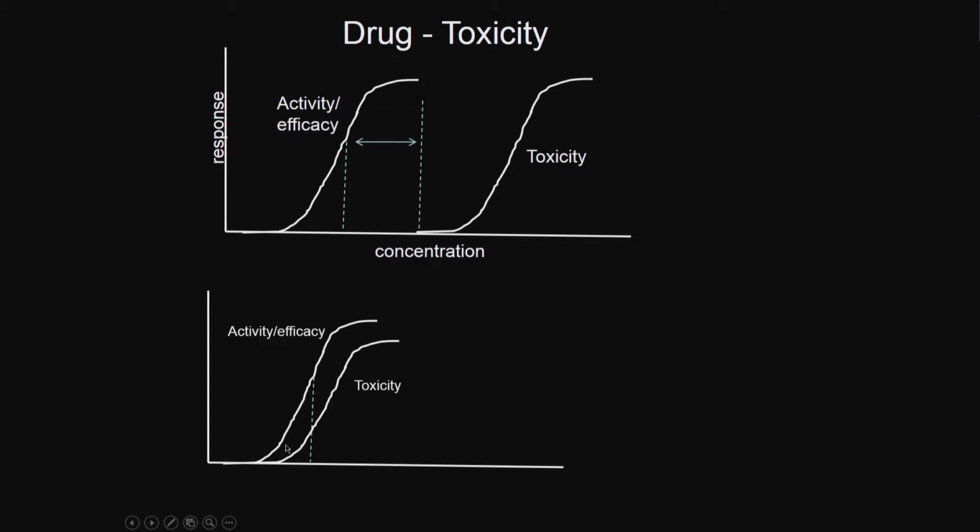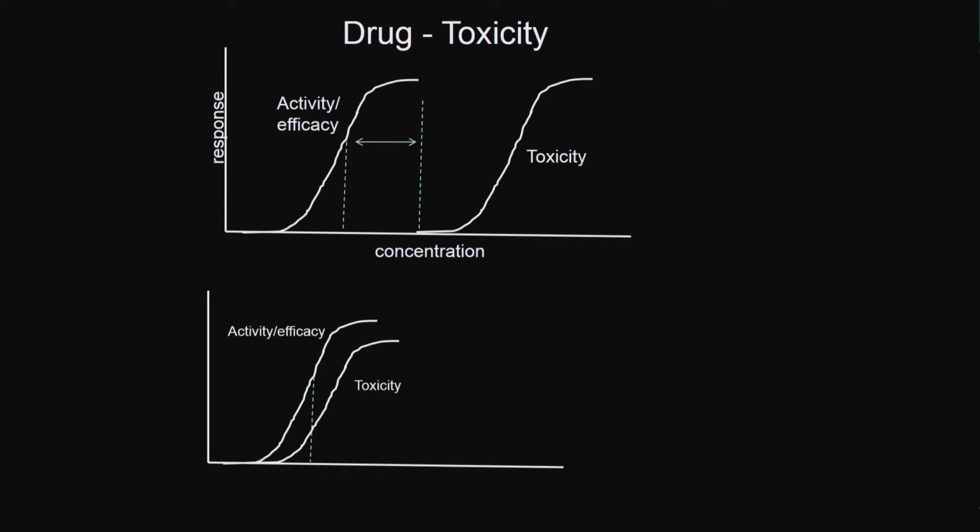So if I want to prevent toxicity then efficacy is low, and if I improve efficacy then it also has toxicity. Ideally we should have drugs where the toxicity graph is far away from the activity graph. This is the ideal situation, but many times you can have toxicity coming in, like some of the chemotherapy drugs, which can be toxic and active because you have to give the drug at very high concentration.